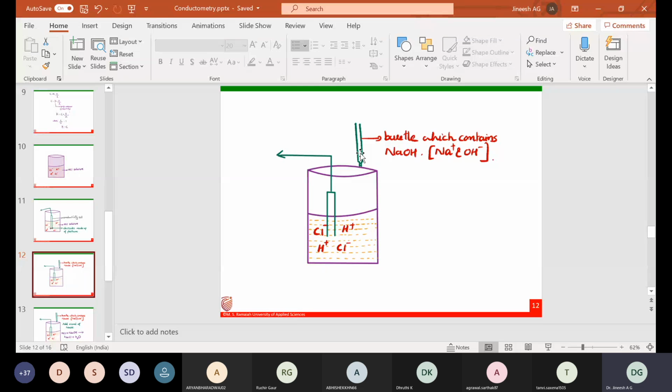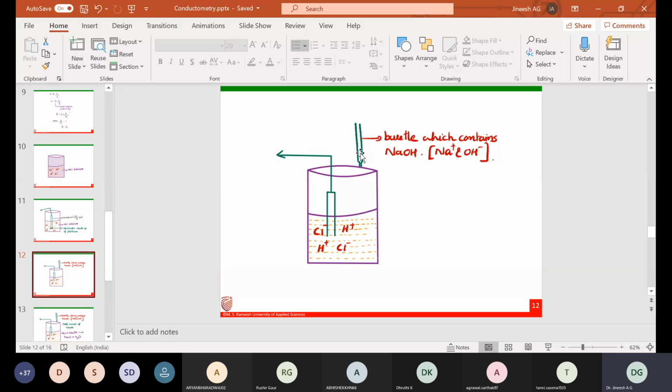Now, before adding sodium hydroxide solution, the beaker had only hydrochloric acid. Am I right? Hydrochloric acid contains a good number of H plus ions and Cl minus ions. Out of these two ions, H plus ions are very small and can move very fast.